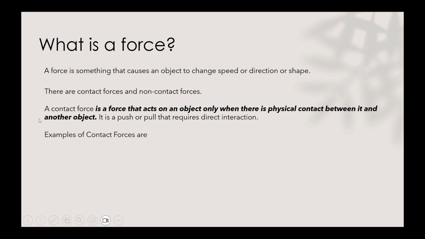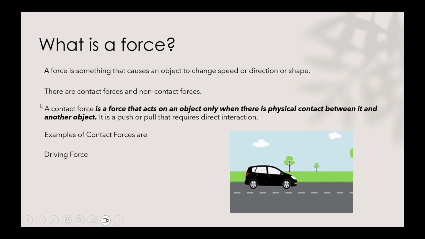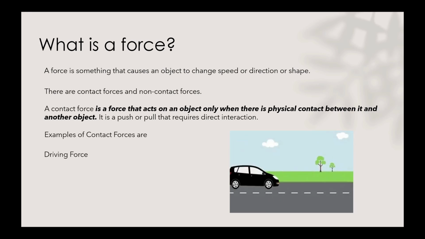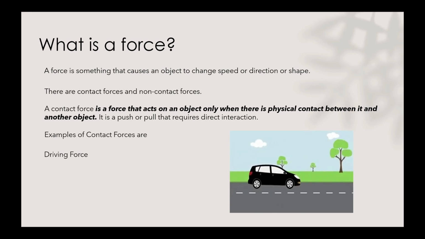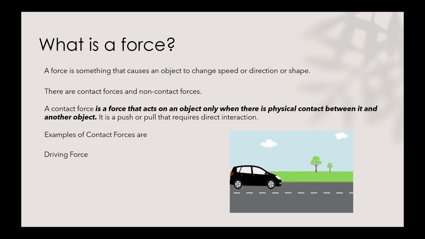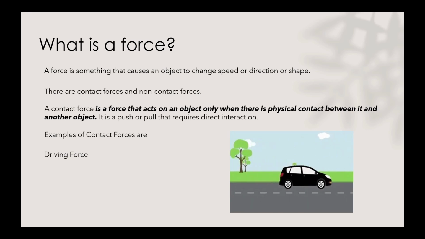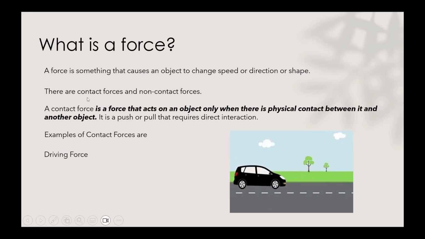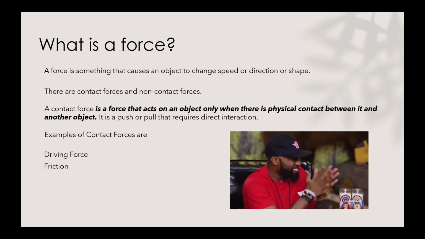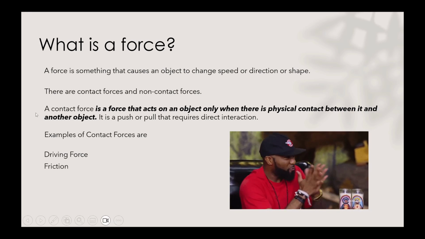Now, examples of contact forces are a driving force. So driving force, when a car is moving forward, is an external force that causes a system to change from its equilibrium state, in other words its resting state, to initiate motion or flow. Friction is a force that opposes the motion of an object when its surface rubs against another surface.